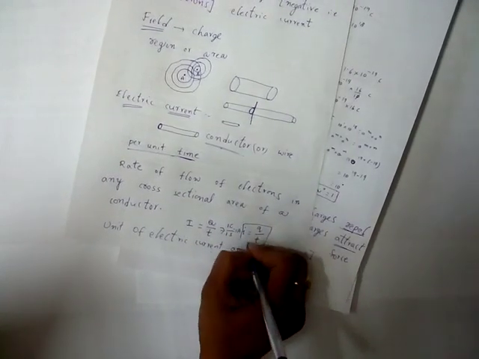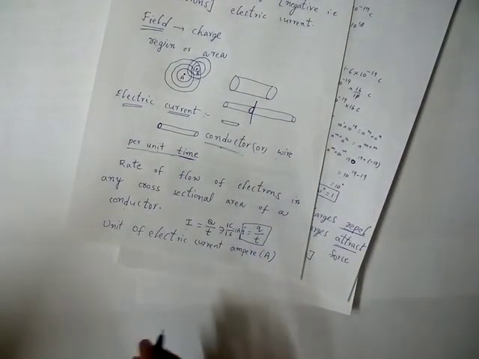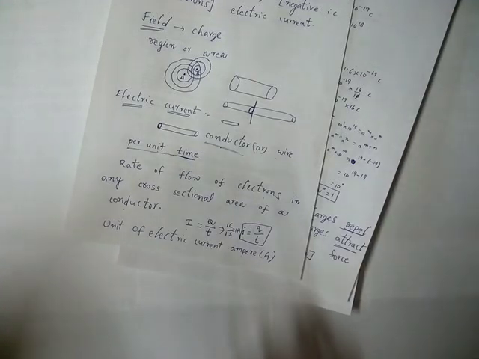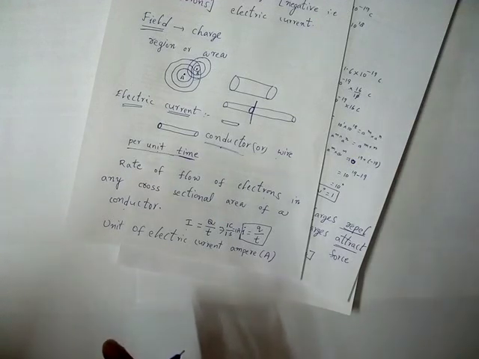Okay, understood? So 1 coulomb of charge, if it is flowing in any cross-sectional area of a conductor per 1 second, we call it as 1 ampere of current. I hope all of you understood what is electric field, what is electric current, and what is unit of electric current, denotation, mathematical expression, and in the same way definition of electric current and definition of its unit.